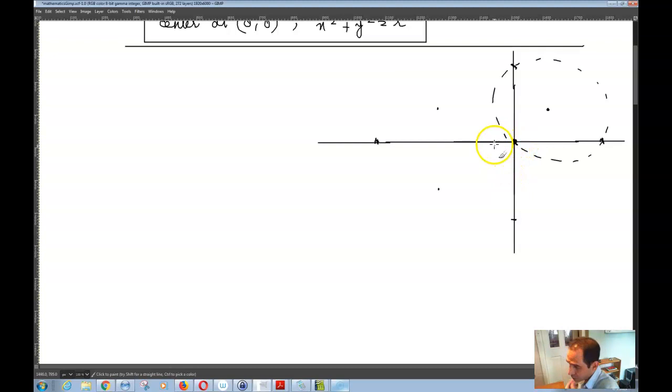Now, in order to get a general form of equation for this kind of situation, you know that your circle goes through this point, and also this point, and also this point.